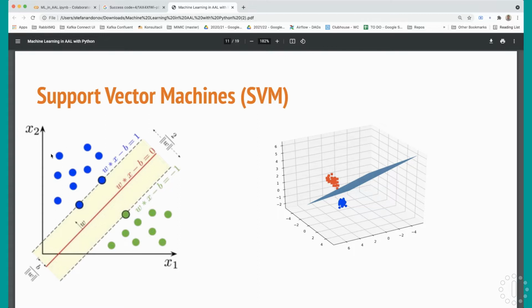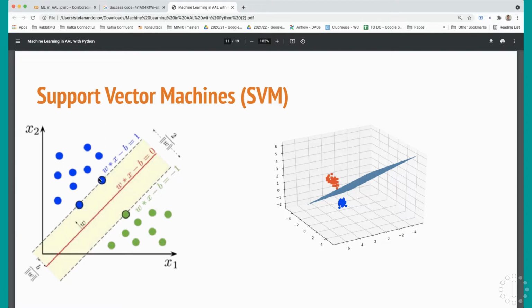Over here, for example, if these are the positive and these are the negative instances, in this case we have only two features, x1 and x2. It is almost rare in real life to have a data set with only two features, but this is the easiest example to show.